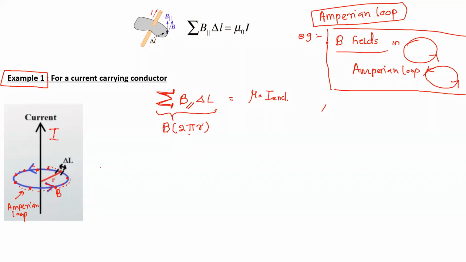B times 2 pi r is the parallel component of B times the length of your Amperian loop. You will see when we go to problems that this term is very common. You always multiply B by 2 pi r. Okay, so are we okay with this side?